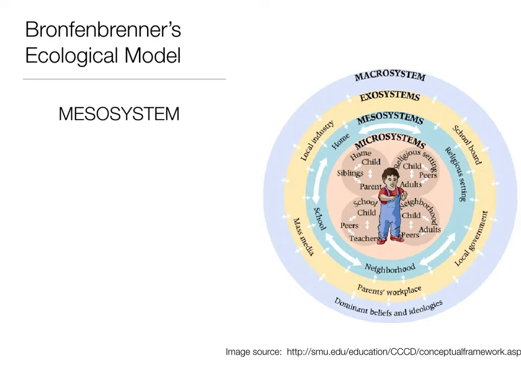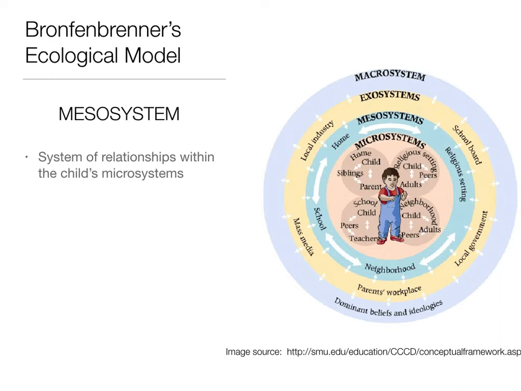The mesosystem is that light blue circle, and that is the interaction of those microsystems with each other. So how home and school interact. How the parents interact with the school, how the family interacts with the school. Are the parents very involved at the school, or are the parents not? Those are different kinds of things.